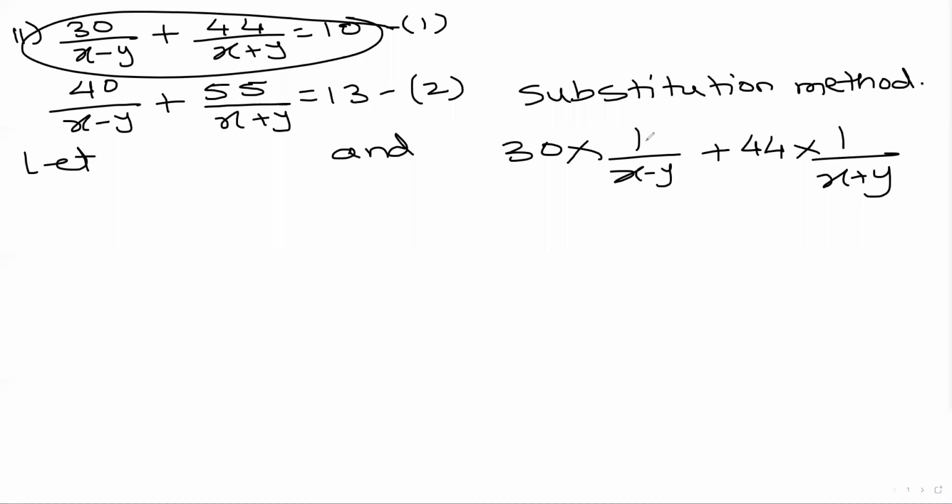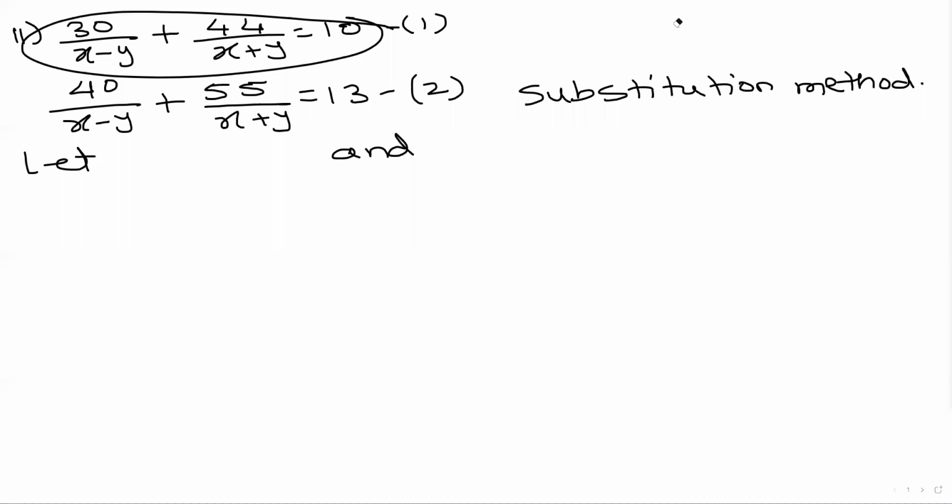Please understand this, it is very important. If you have to substitute, you substitute 1 upon x minus y and 1 upon x plus y. So we'll say let 1 upon x minus y is equal to a and 1 upon x plus y is equal to b.